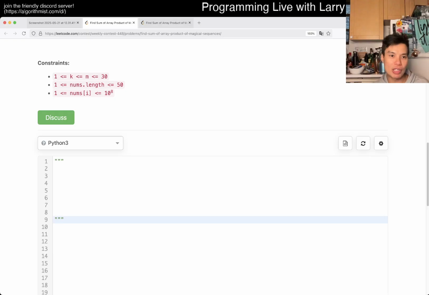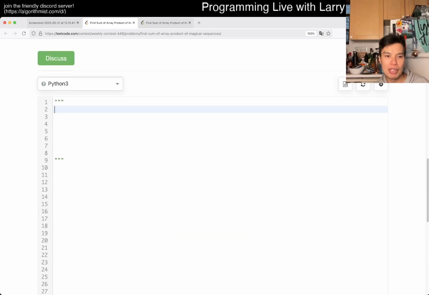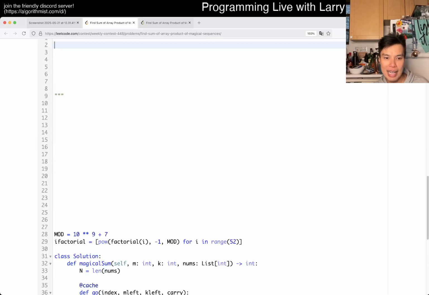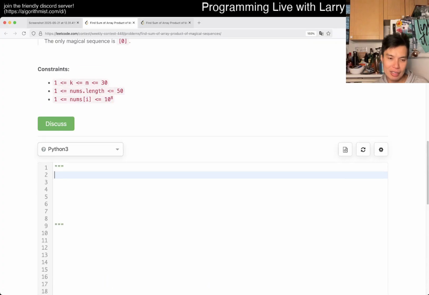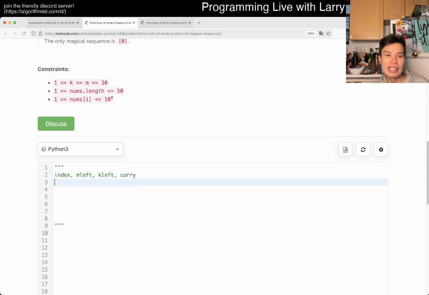Well, now we're just trying to add two binary numbers in a way. Because then now the state becomes: we have index, we have m left, but now we have to keep track of k left, and then a carry bit.